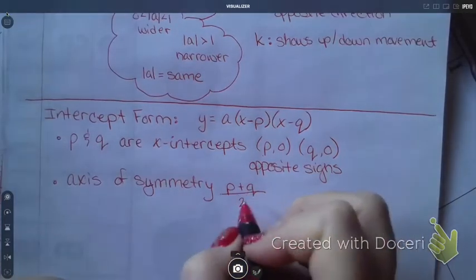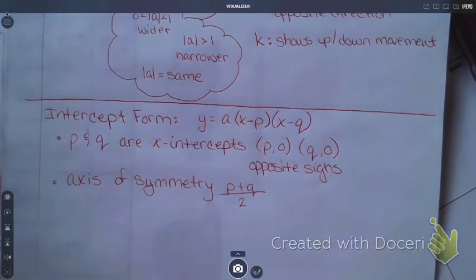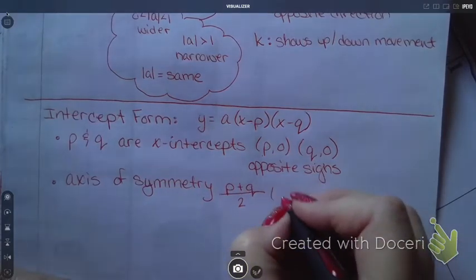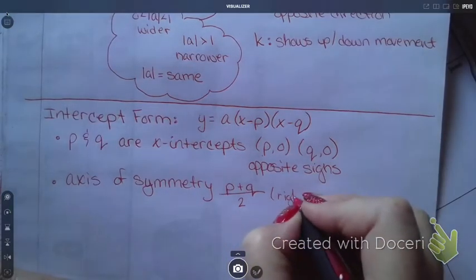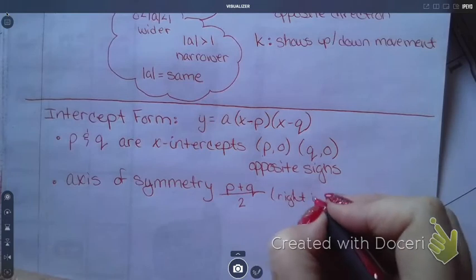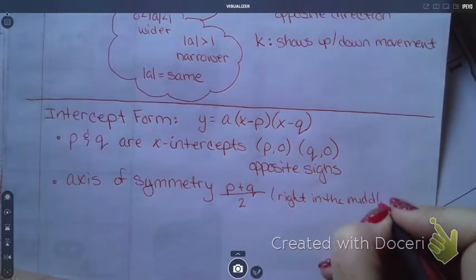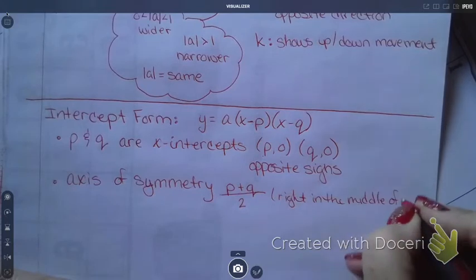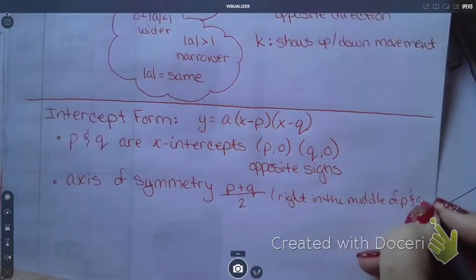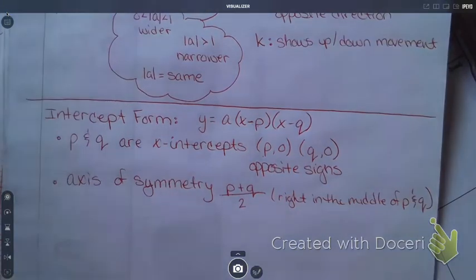So that's the average of the two, isn't it? It's right in the middle. I'm going to put right in the middle of P and Q. It's exactly in the middle of P and Q.